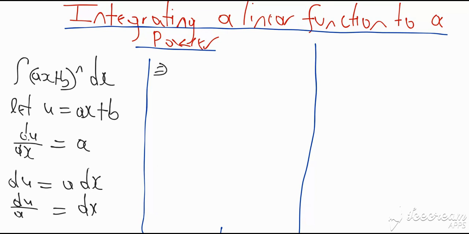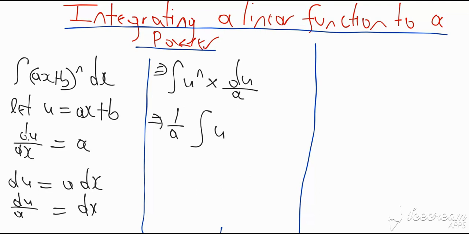Now let us go right ahead and rewrite the function. So this becomes the integral. We're going to replace the ax + b with u, so you have u to the n, and the dx now becomes du over a. Now, because a is a constant, we can pull that outside of the integral. So I'm going to have 1 over a times the integral of u to the n du.